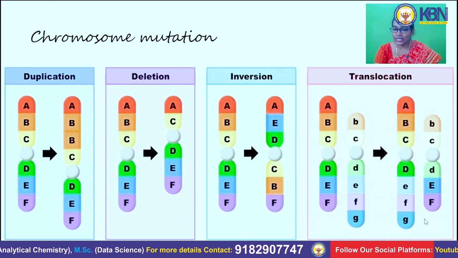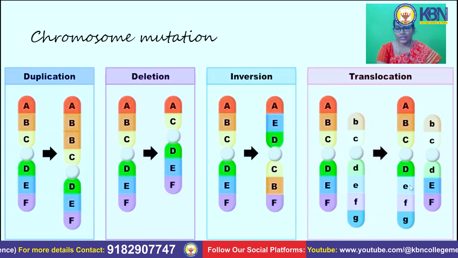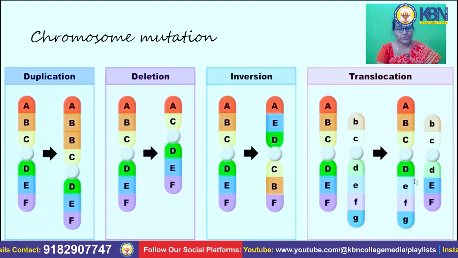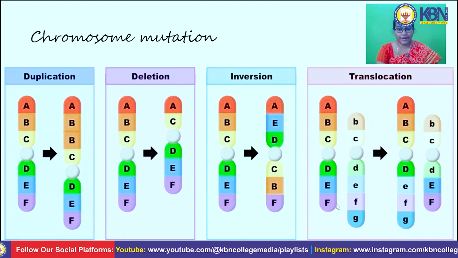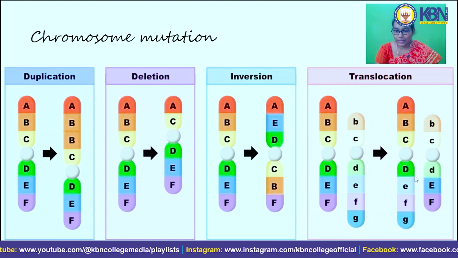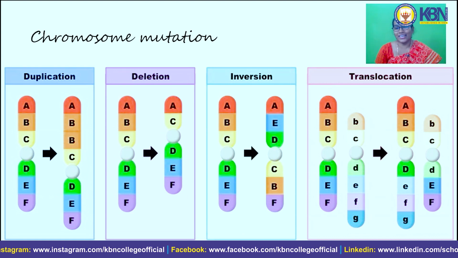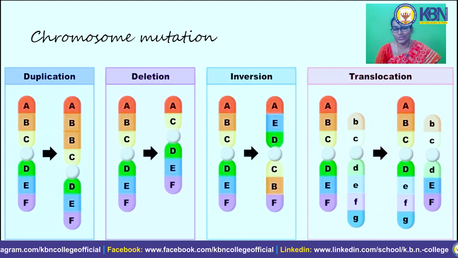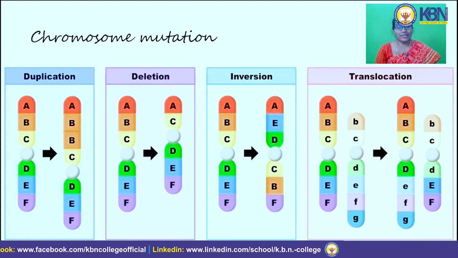And after mutation, you can see the capital letter one with the last 3 genes of small letters. This fragment is actually the fragment of the other chromosome. And this fragment which has EF shifted to the other one. This is the change in location completely to the other chromosome. This also happens during replication.